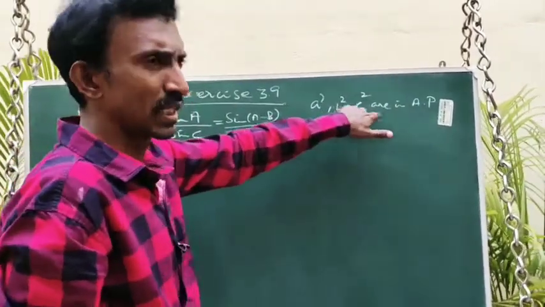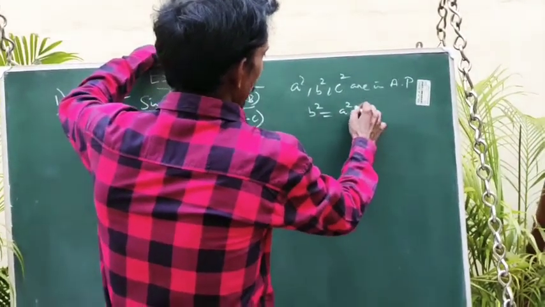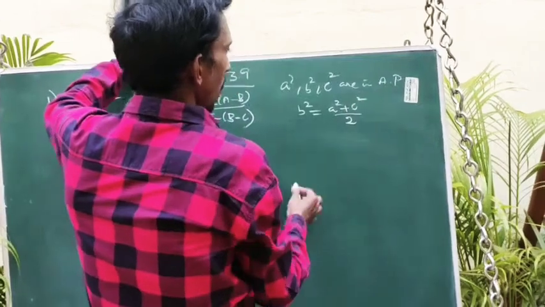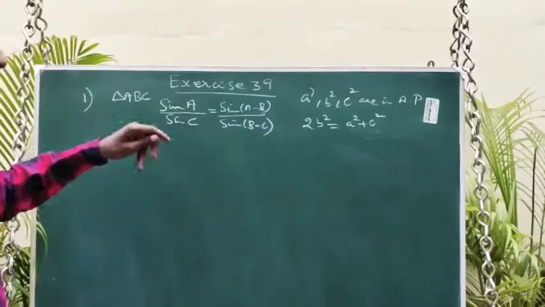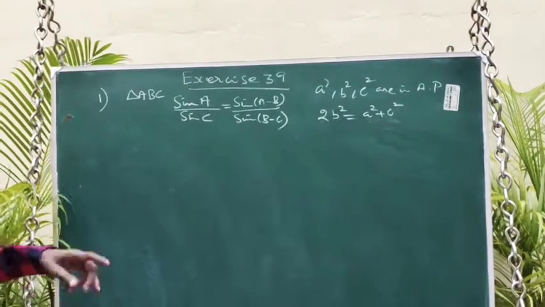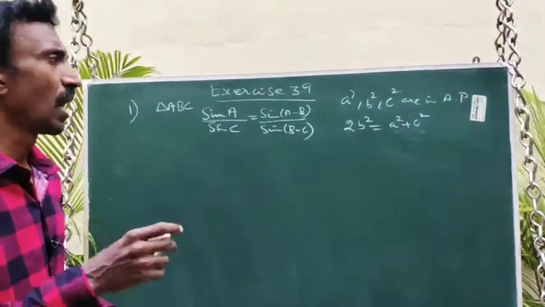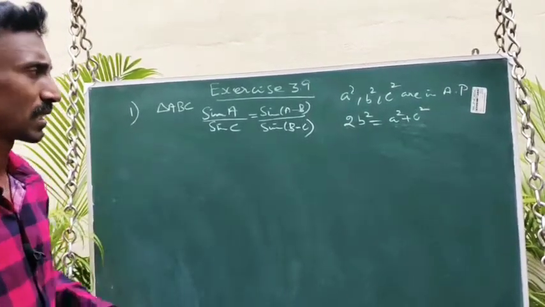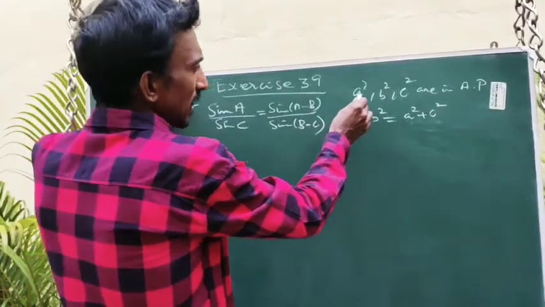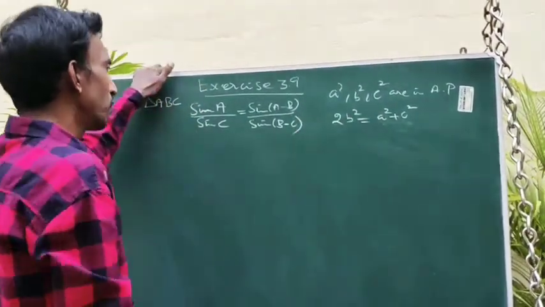To prove the three are in AP, we need to prove b square equal to (a square plus c square) by 2. It is enough to prove 2b square equal to a square plus c square. Already we know the concept: if a, b, c are in AP, then b equal to (a plus c) by 2 or 2b equal to a plus c. So here in the place of a, b, c we have a square, b square, c square. So that is our aim.